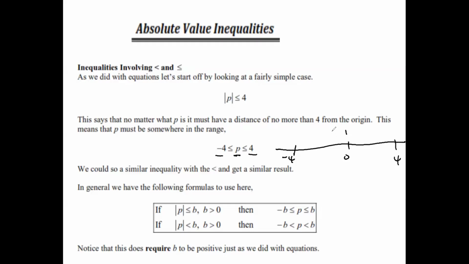So if the modulus of P is less than or equal to 4, then P lies somewhere between minus 4 and 4. See if you agree with that. In this case, they have an equal sign here, so it's inclusive of minus 4 and 4. Any number between there, the modulus of it is going to be either 4 or less than 4. You agree with that?